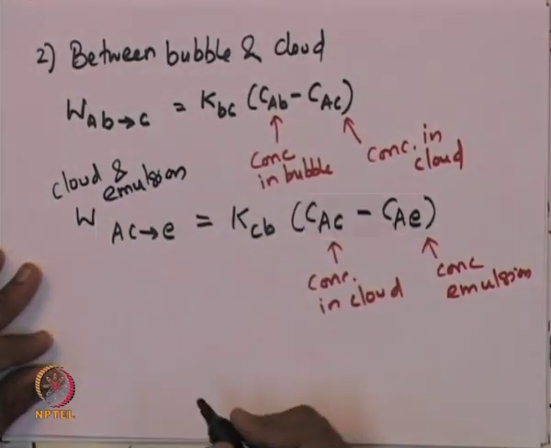Similarly, one can write a similar transport for the product species which is being transported back from the emulsion phase into the cloud phase and back into the bubble phase. Cooney-Levenspiel, once again, have developed a correlation in order to find out what these mass transport coefficients are.